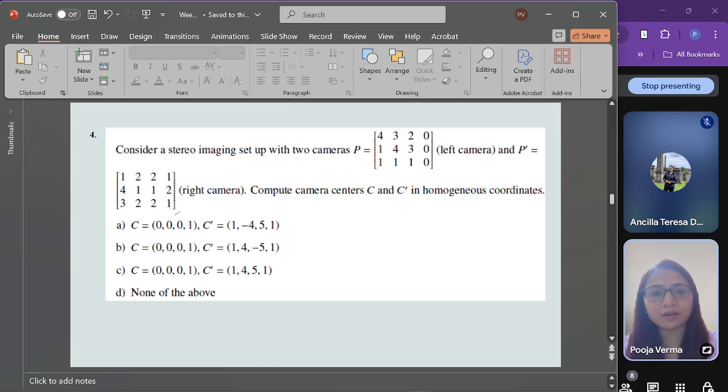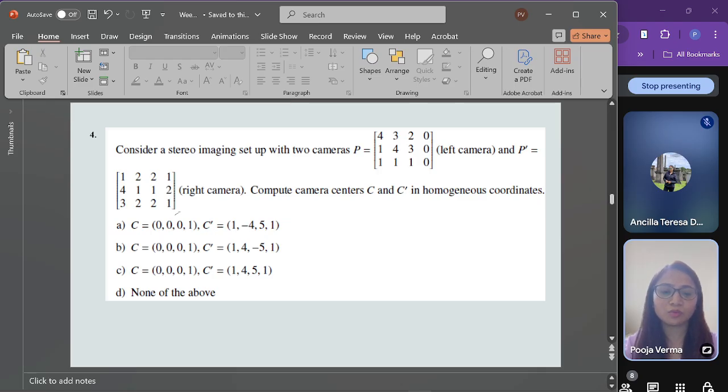We need to find the camera centers C and C dash, and it is in vector form, already we know that. So just a minute. A camera matrix in homogeneous coordinates represents the projection from 3D world coordinates to 2D image coordinates. So the camera center C is the point in 3D space where the camera is.